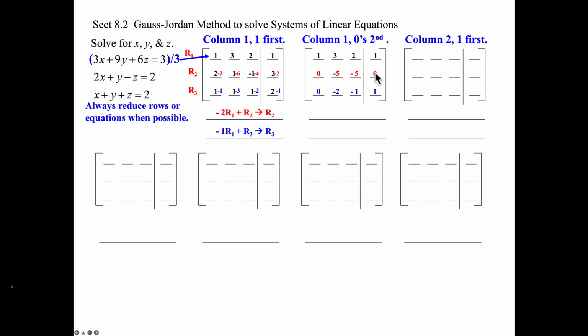So let's just take this row 2, divide it by -5, and that will make a positive 1 right there. That's what we want. So 0 divided by 5, 0. -5 divided by -5, 1. -5 divided by -5, 1. 0 divided by -5, 0. So I'm just going to change my row 2, keep my row 1 and row 3 the same.